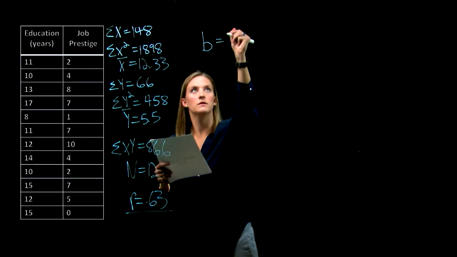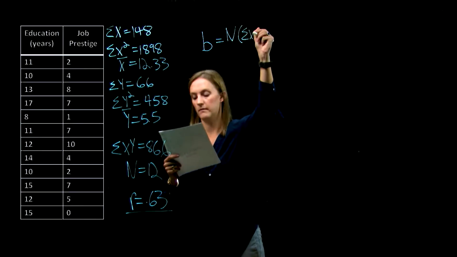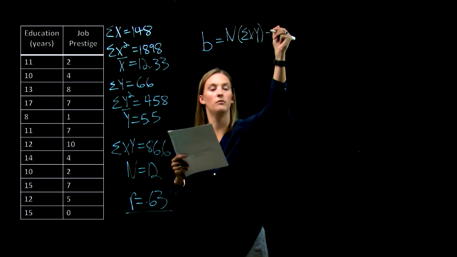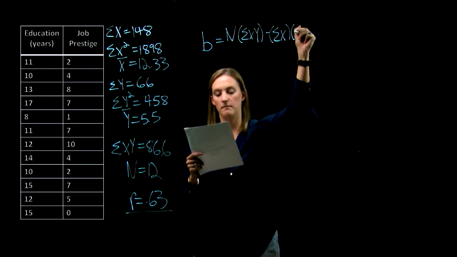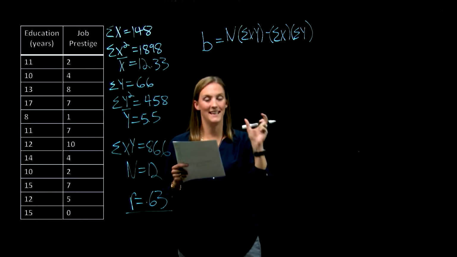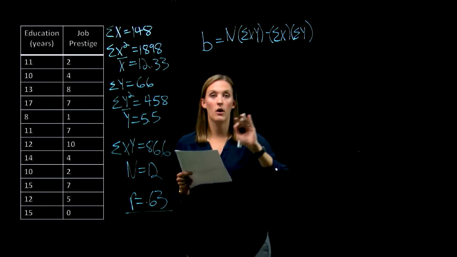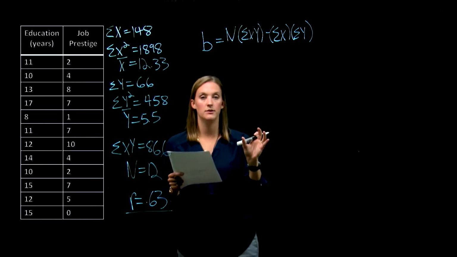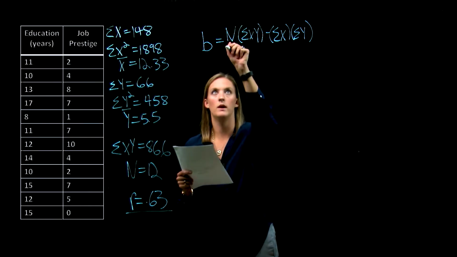The formula for the slope is going to look really familiar for the most part if you've already calculated your correlation coefficient. This part on the top of the slope formula is the exact same as the top of your correlation equation. So if you've already calculated that, you can just substitute the number on the top of the fraction and slap it down on the top of your slope equation.